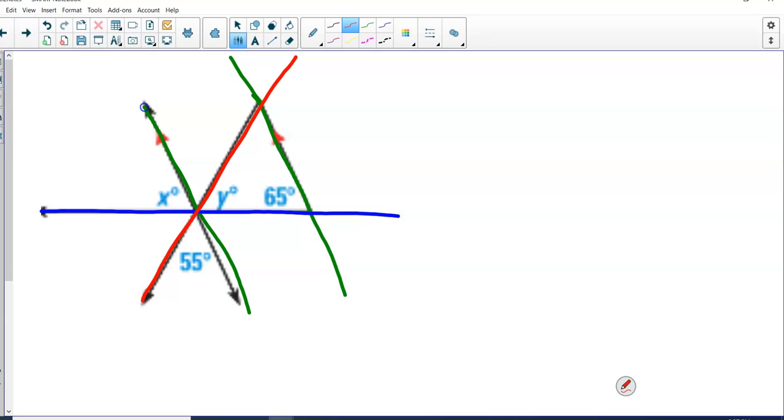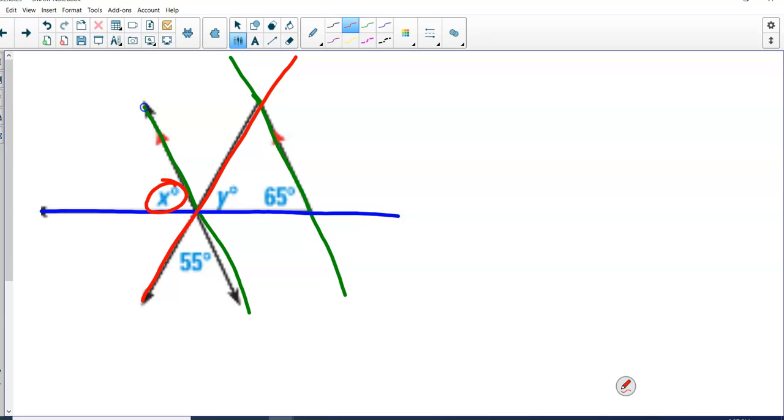So we're going to use those to help us figure out what x and y are. So first let's look at angle x. And we want to see, is there any angle shown that we know has a relationship with angle x?